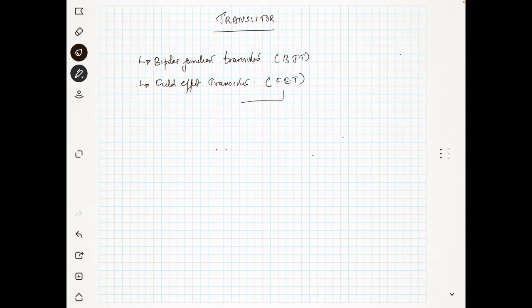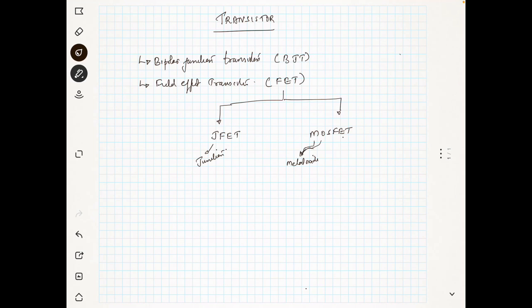This FET again has many types. We have JFET, that means junction field effect transistors. This J is for junction. Another one is the MOSFET, where MO shows metal oxide field effect transistors.